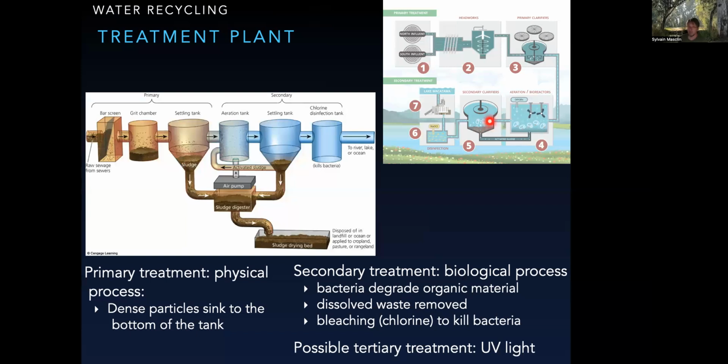And so when you're reaching the secondary treatment here, ideally you may use chloride, you may use UV light, or a combination of both to get rid of your bacteria. And then this water can be released into a lake, into a river, and can be part again of the natural cycle. So this is the work of a water treatment.